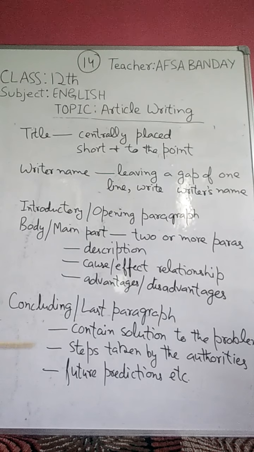No doubt here also the word limit is just 200 words, but still you can include so many ideas. Unlike a paragraph, where you include just one main idea, in an article you can include multiple main ideas, and thus you can elaborate your article. And this is how we write articles.